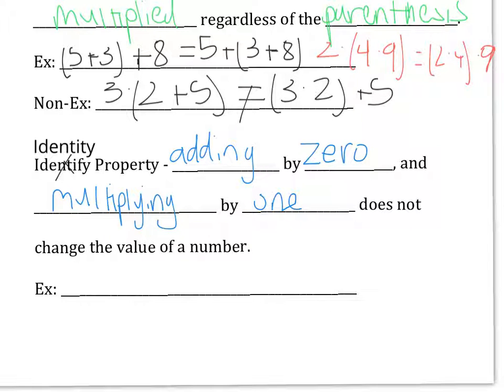It does not change the value of a number. So an example could be 3 plus 0 equals 3, or for multiplication, a times 1 equals a. So again, adding by 0 or multiplying by 1.